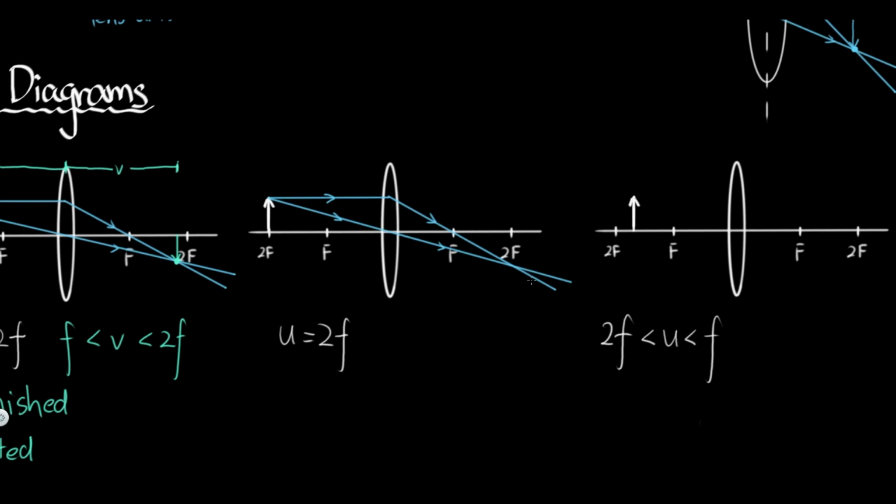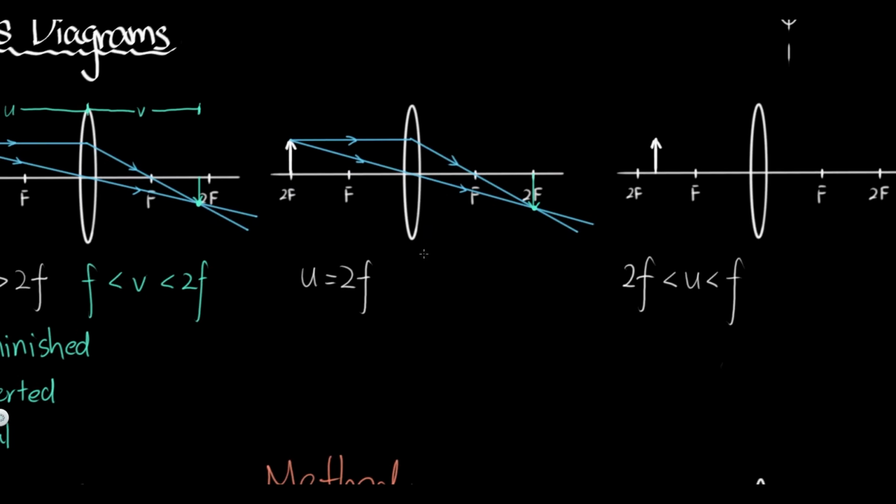And boom, we can see that similar to the one before, we also have a point where the rays converge. So this is going to be the point where our image forms. And magically, we did our diagram very accurately. Well, as accurate as we could. So we can see that it is actually exactly on the 2f point. So we can say that the image distance is exactly 2f.